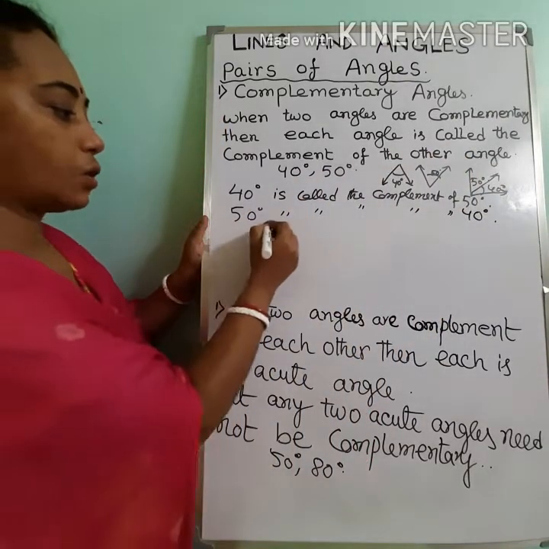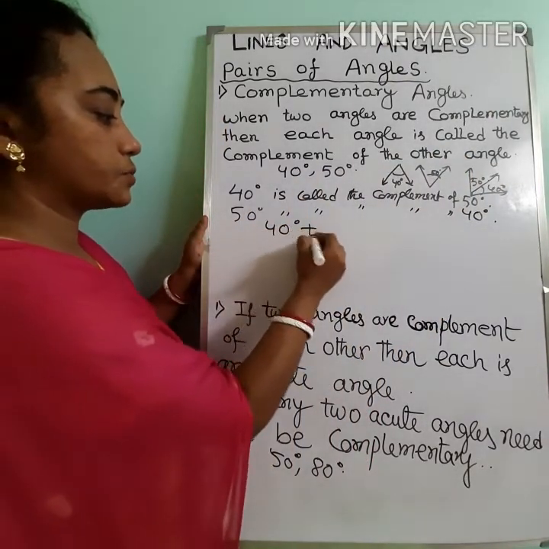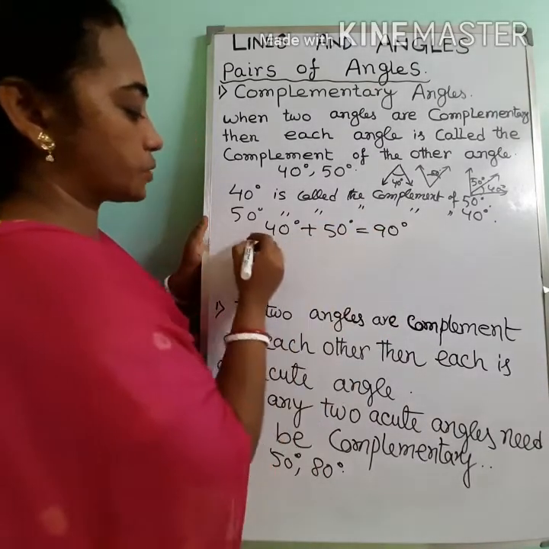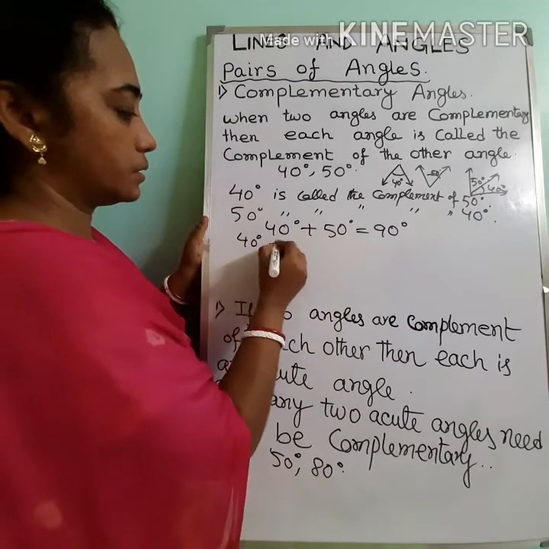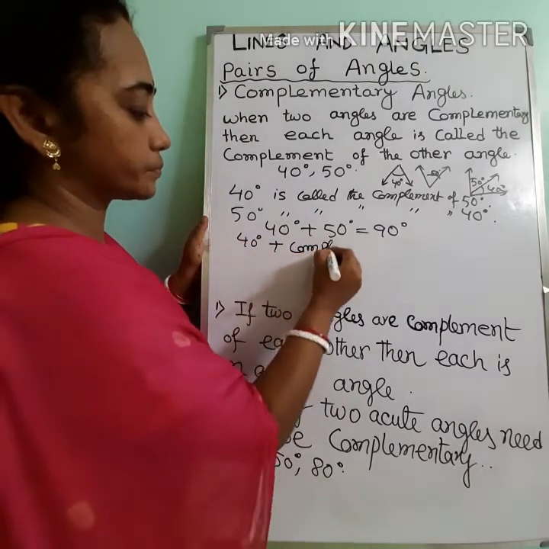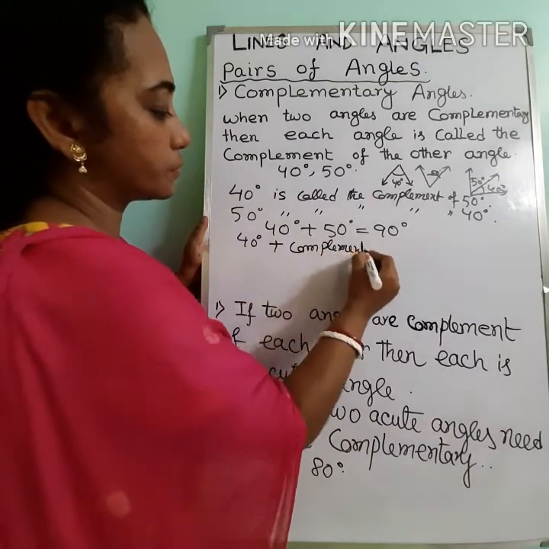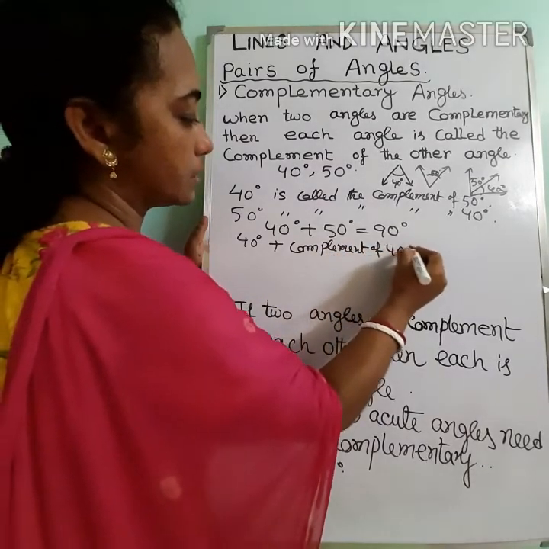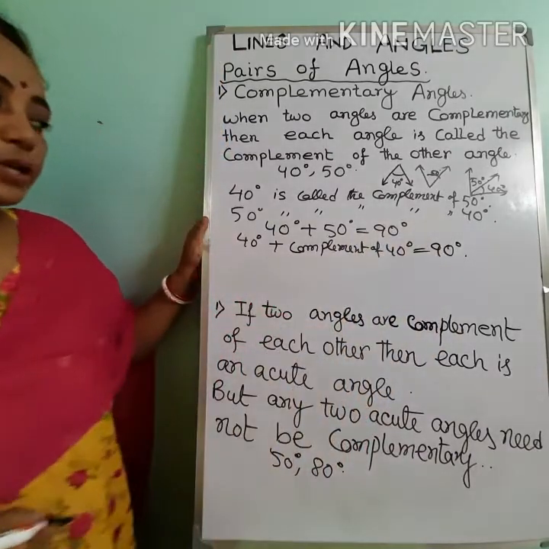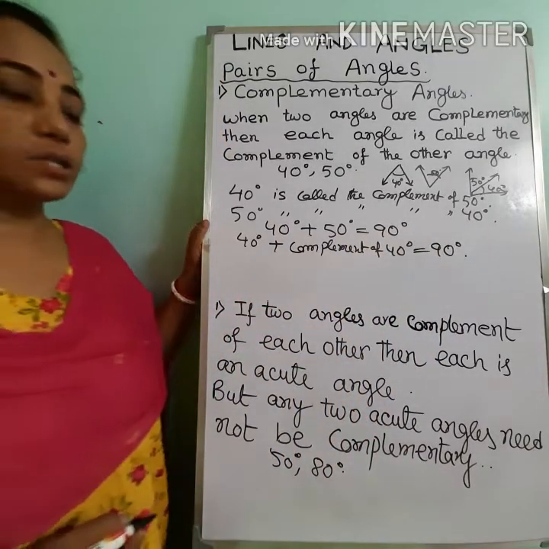And also here 40 degree plus 50 degree is equal to what? 90 degree. So in place of 50 degree we can write the complement of 40 degree, which is equal to 90 degree. That means the complement of 40 degree is equal to 90 minus 40 degree.